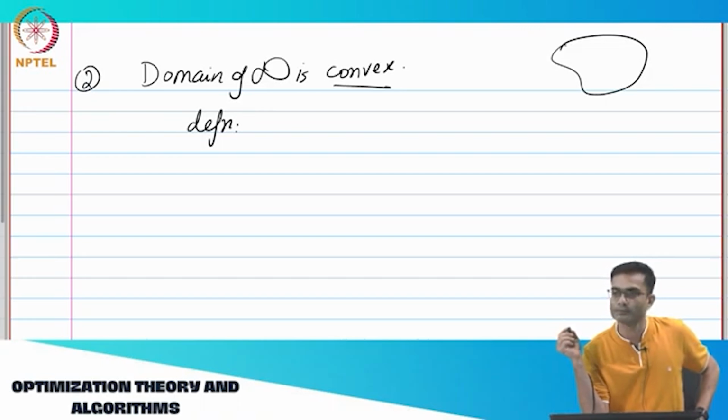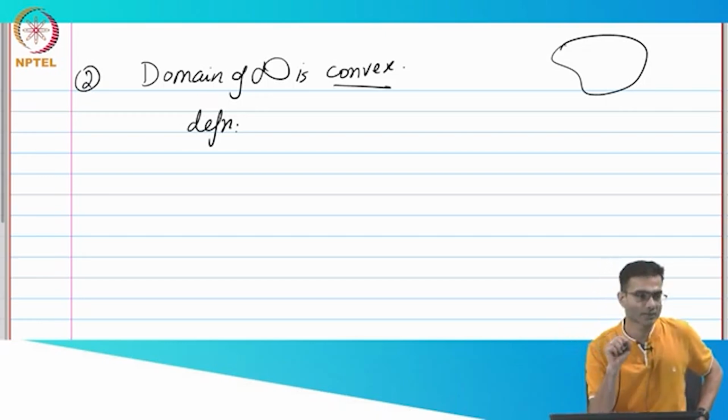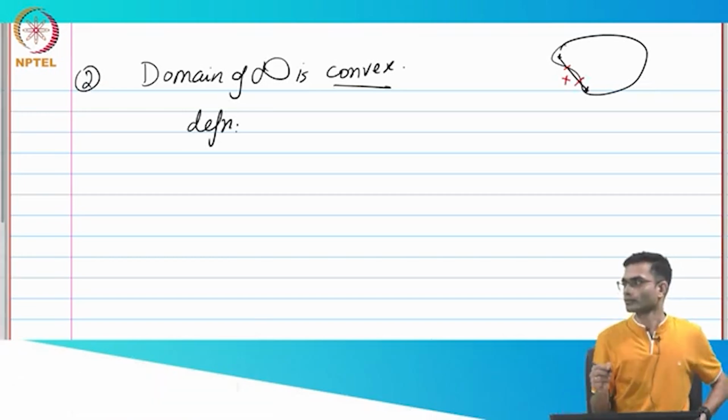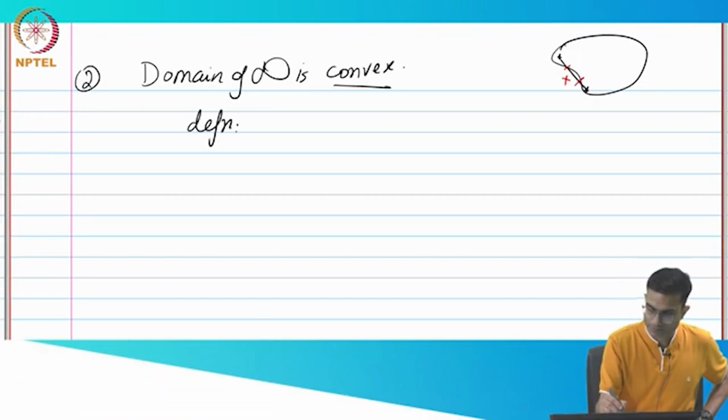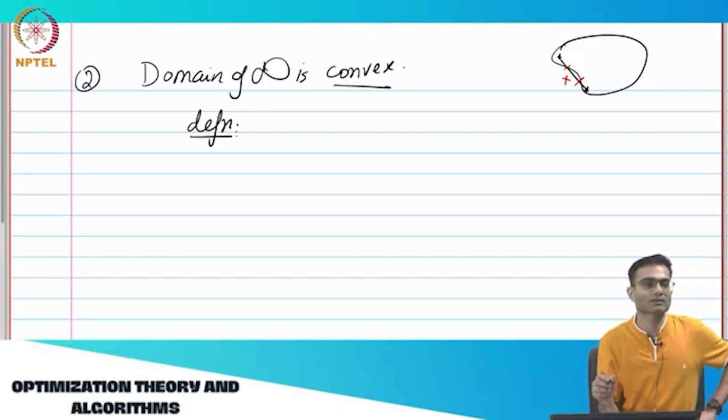No, because there is some convex combination of 2 points which does not lie in the set. So if I take a line like this, from here to here, all of these points are outside. So this is not a convex set. So if I were to define it, when do I say that a set is convex?